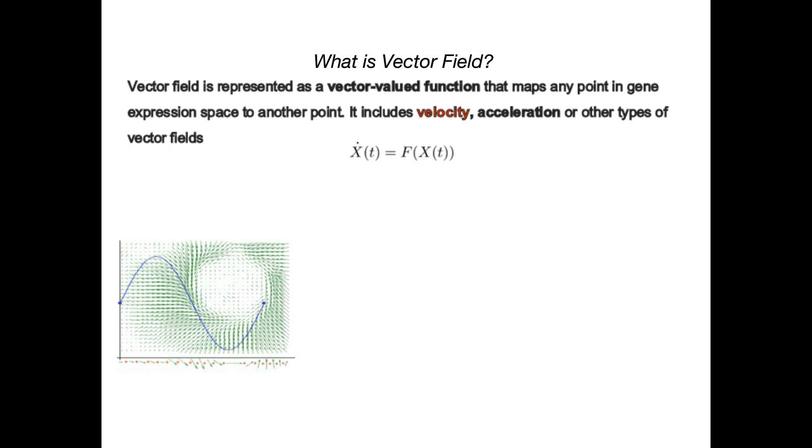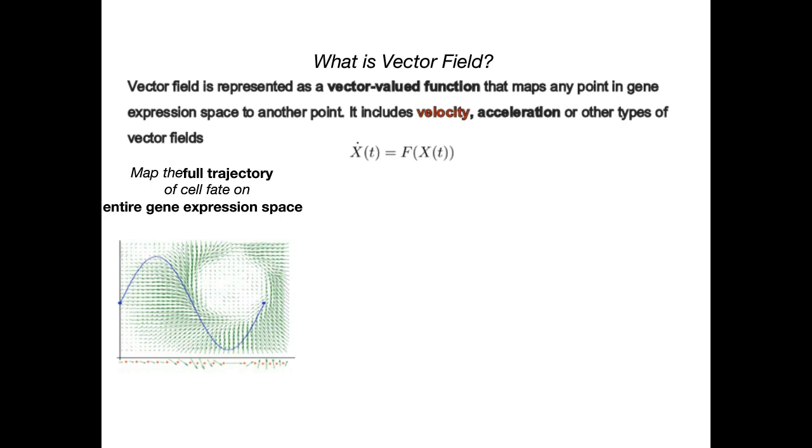We can use it to map the full trajectory of a cell on the entire gene expression space. Assume we know the vector field of a system shown here. Then we can pick any point in this space, treat it as the initial state, and release this cell on the vector field.